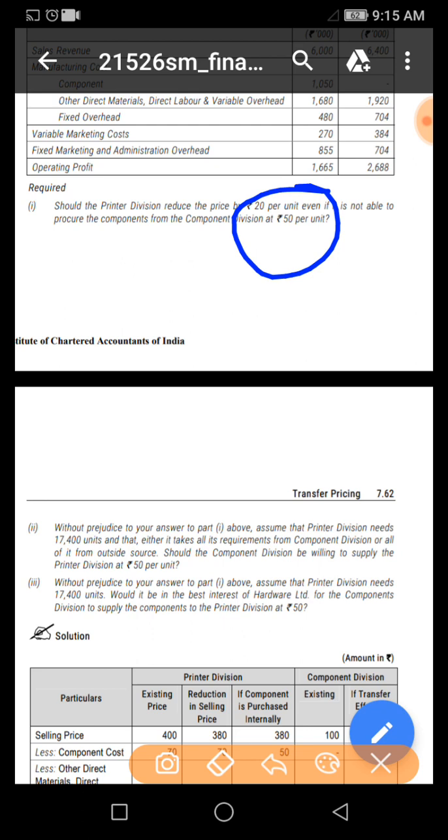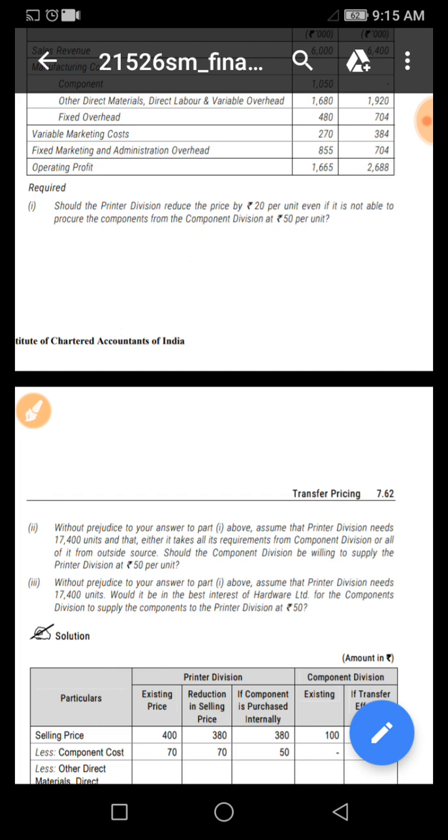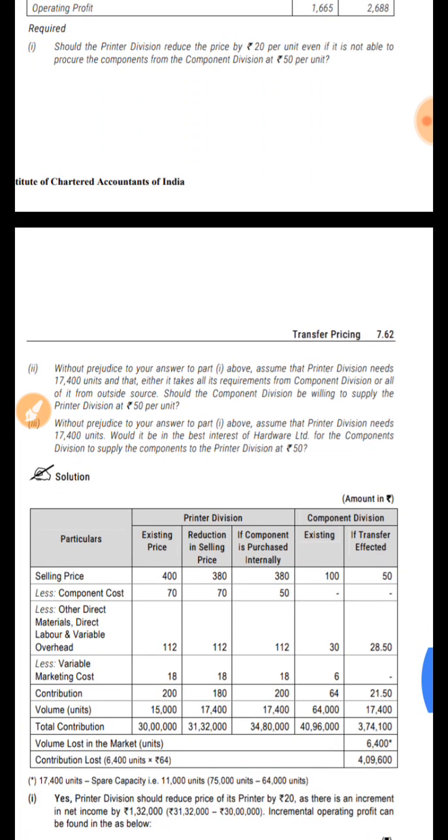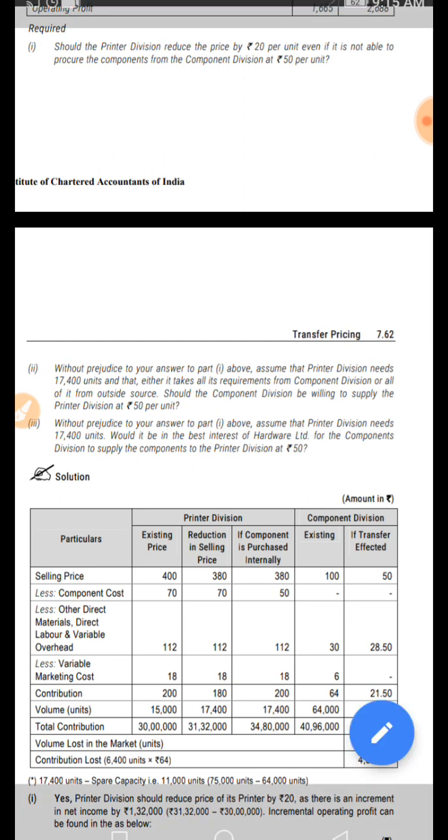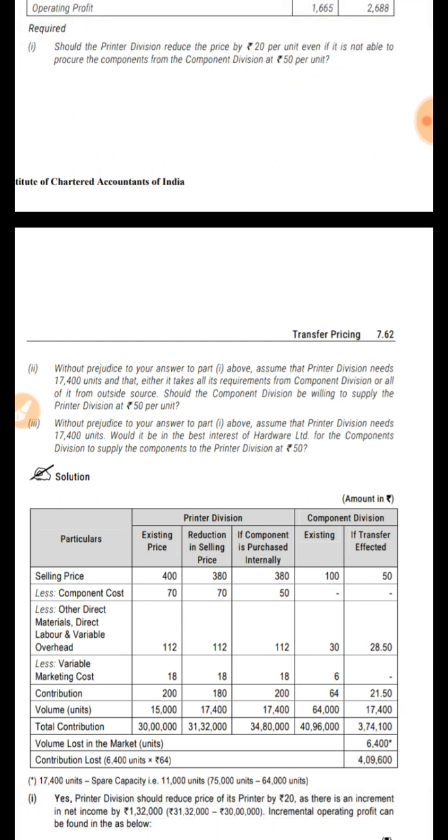Or if it is purchased internally, what will be the impact? There are three scenarios in the printer division itself: the existing price 400, the reduced selling price 380, and the reduced price if purchased internally. Three options.